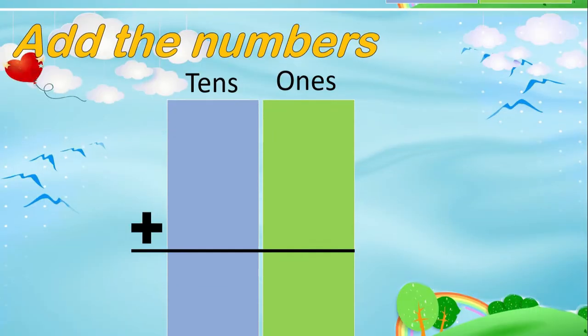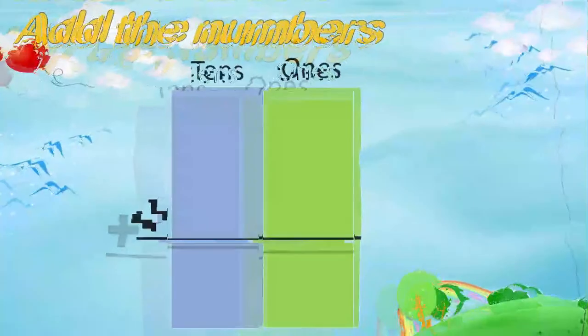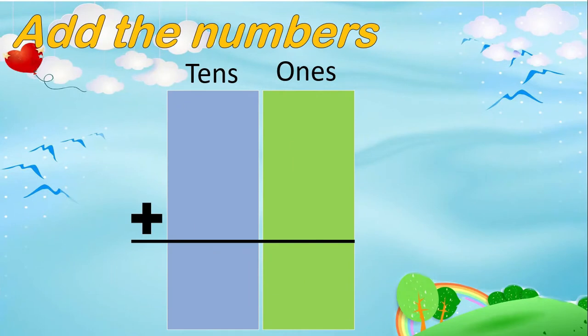So let's proceed. Now let's have a practice adding the numbers only. We have here 34, 3 in the tens place and 4 in the ones place.